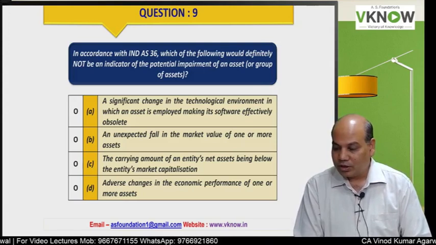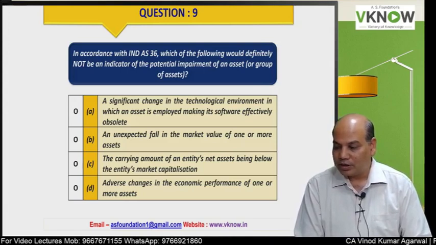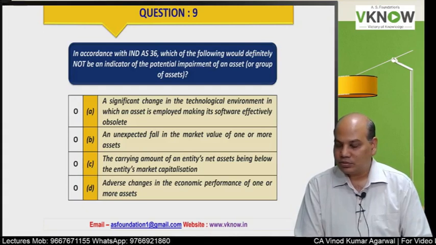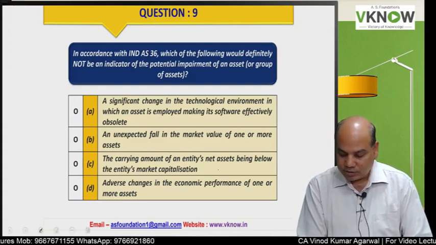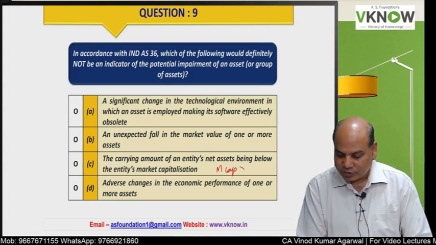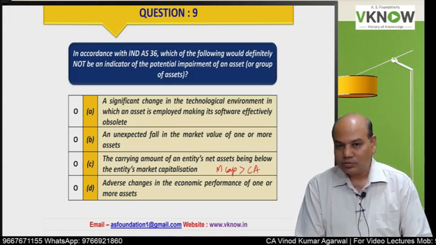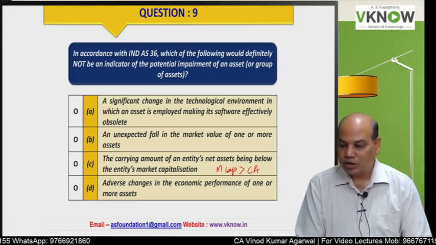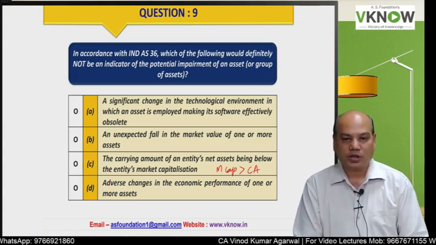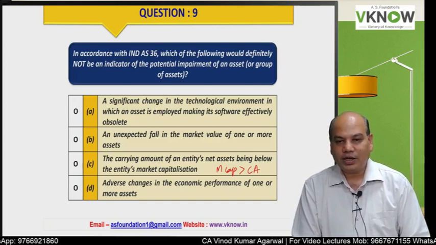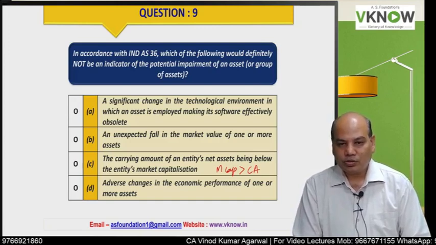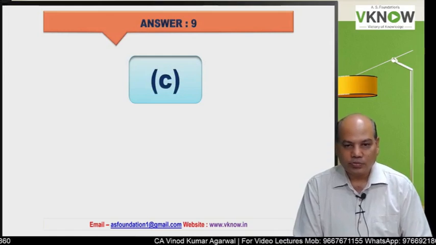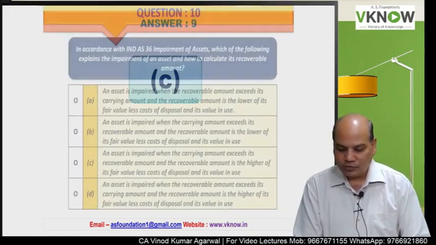Yes. Carrying amount of an entity's net asset is below the market capitalization. This time the market cap is greater than carrying amount. So this is not an indicator of impairment. Last point, adverse change in the economic performance of one or more asset. So that is an indicator of impairment. So if market capitalization is greater than the book value, it is not an indicator of impairment.